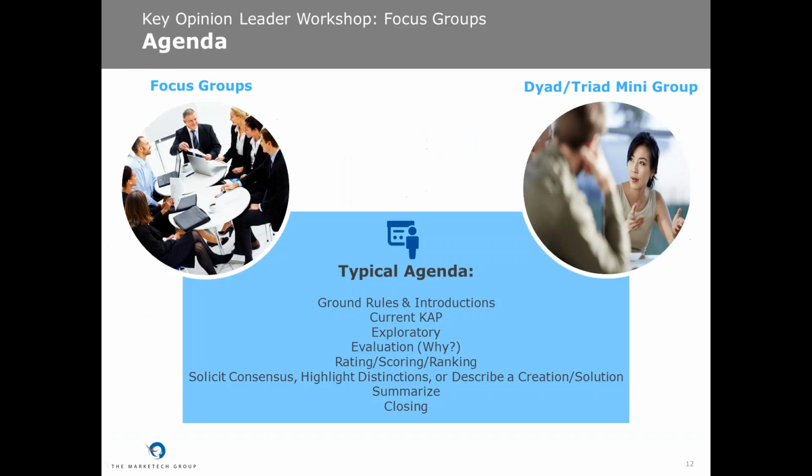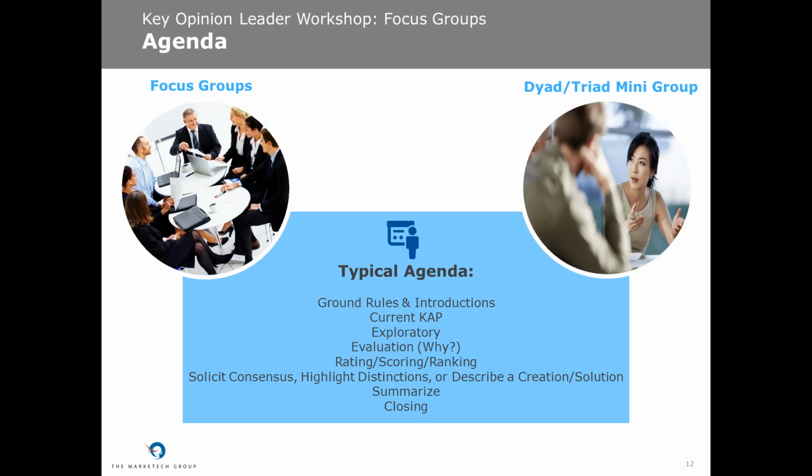Now, a typical agenda for a focus group would be setting ground rules and making introductions very quickly, reviewing potentially some of the background, more of an exploratory discussion, discussing knowledge, attitudes, and practices, what we call KAPs, having some type of evaluation or why questioning from some of the initial exploratory discussions.